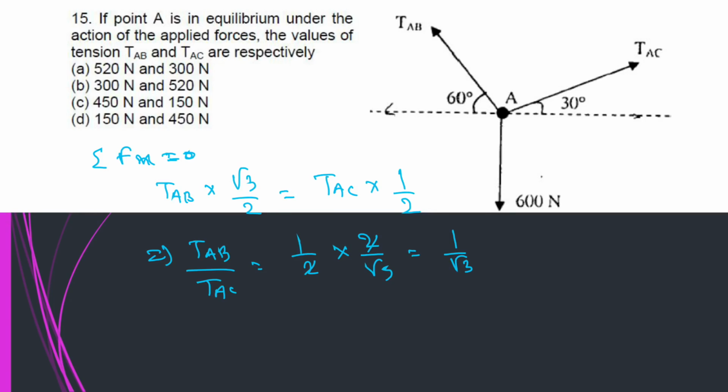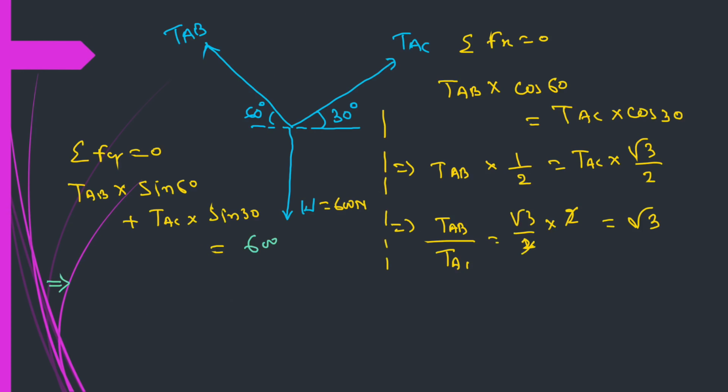Then along the y direction at point A it is equal to 0. Sorry, I put the angle values by mistake, so again I am doing Fx. If you do TAB by TAC you will get root 3. And along the y direction, the summation of all forces is equal to 0.